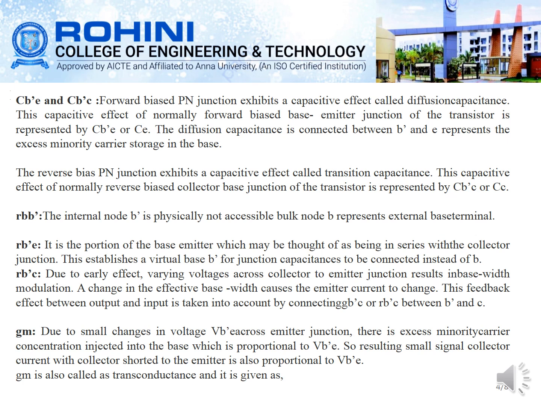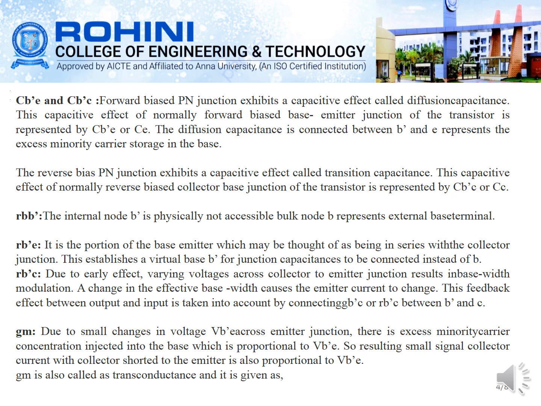RBB' is the internal node, which is physically not accessible, representing the external base terminal, and RB'E is the portion of the base emitter region connected in series with the collector junction. This establishes a virtual base connection for the junction capacitances.